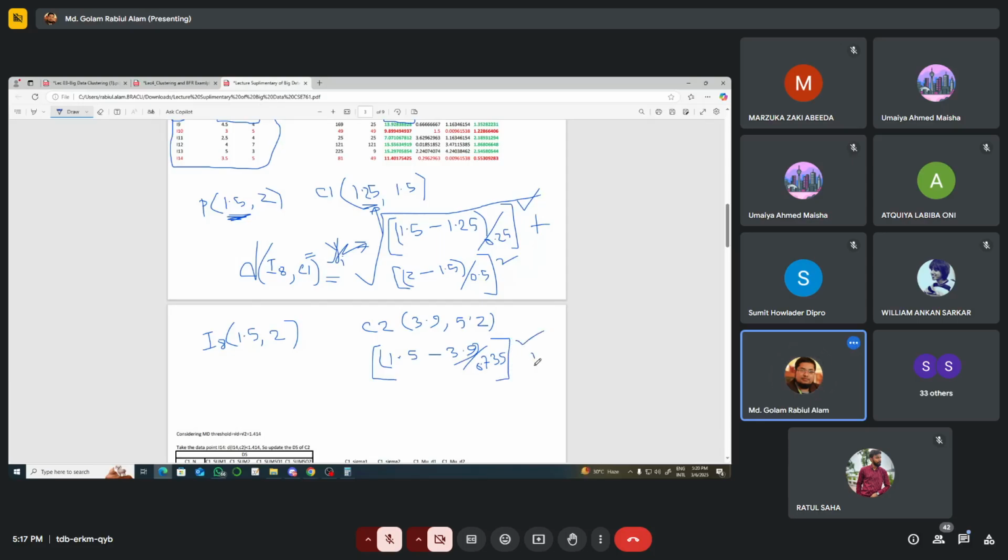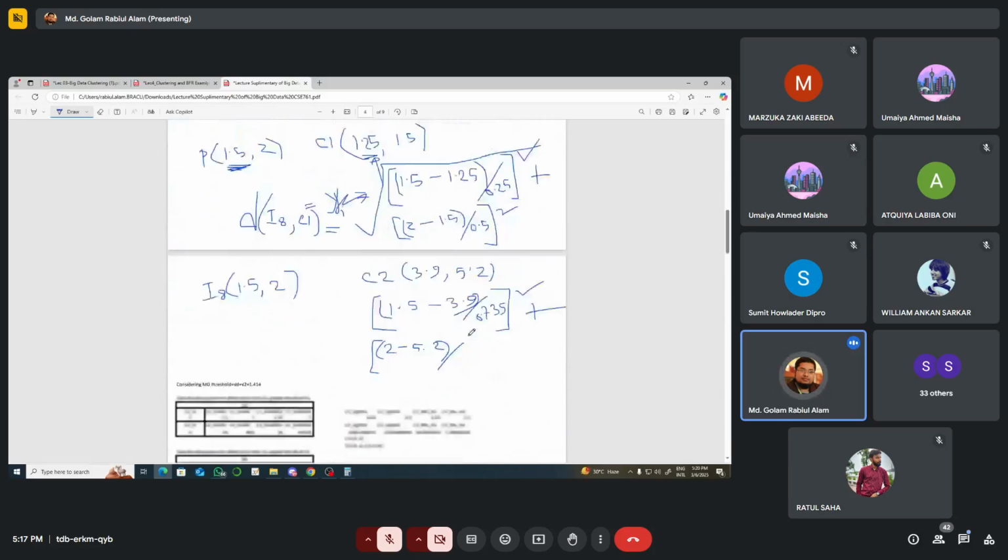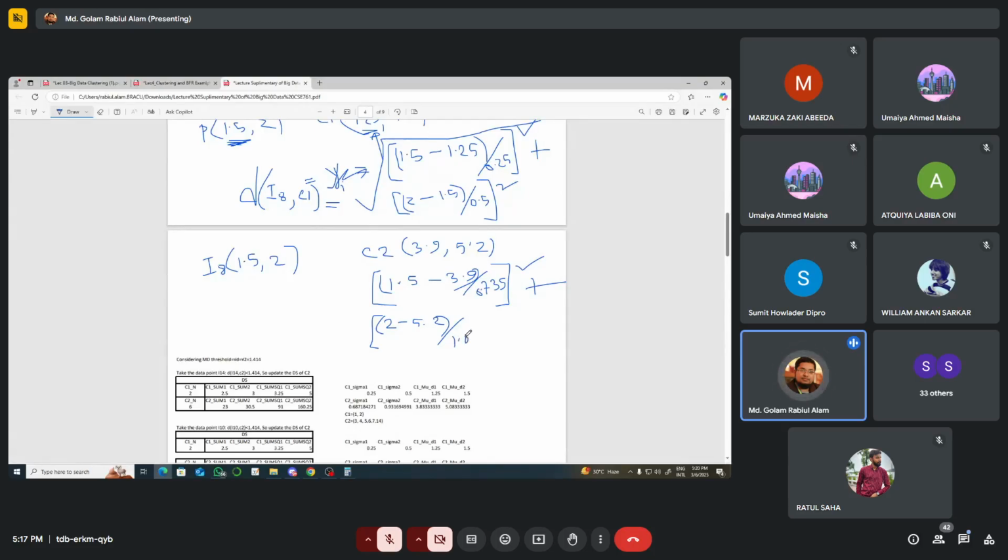Then plus, for the second dimension, again here is 2 minus 5.2, divided by, for the second dimension, the standard deviation, which is 1.02, squared. And if we want to find the distance from I8 to our C2, then it will be the square root of these two values.